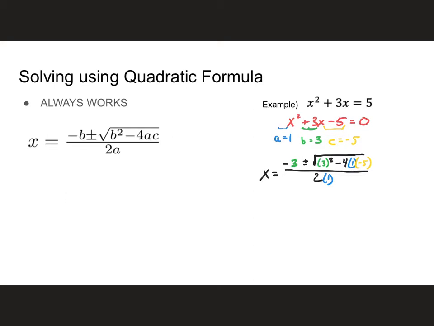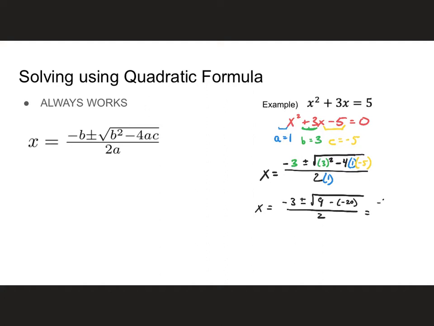All right, so now we just simplify things down. So x is equal to the opposite of 3 plus or minus, let's see here, 3 squared is 9. 4 times 1 is 4, times negative 5 is negative 20. So it's a minus negative 20, all over 2.